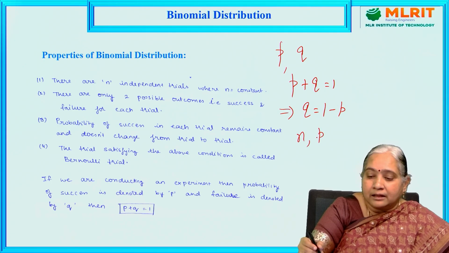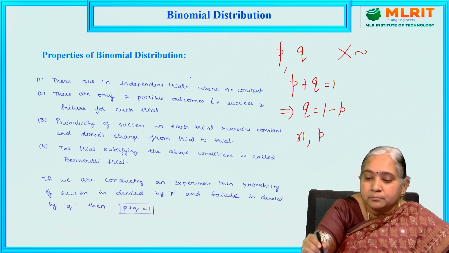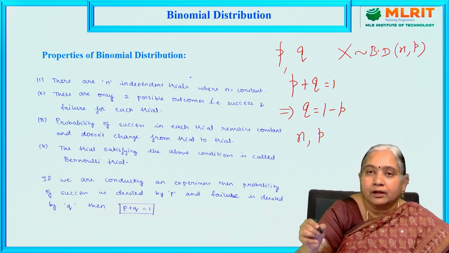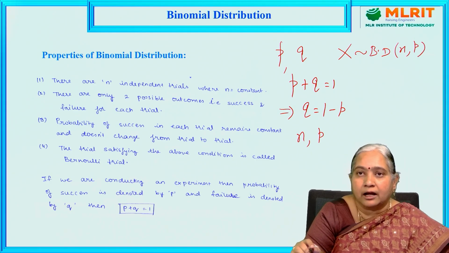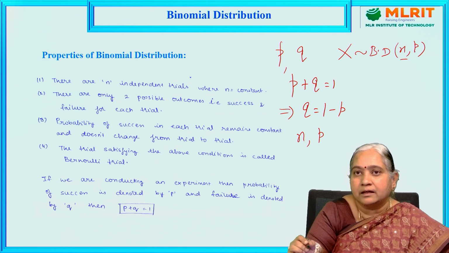That means the random variable x follows binomial distribution with parameters n, p, where n is the number of trials or the number of times the random experiment happened, and p is the probability of the success event defined in that random experiment.